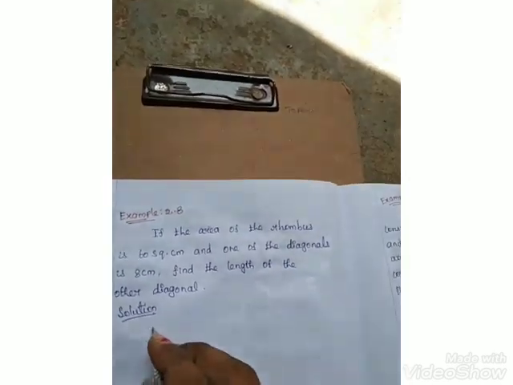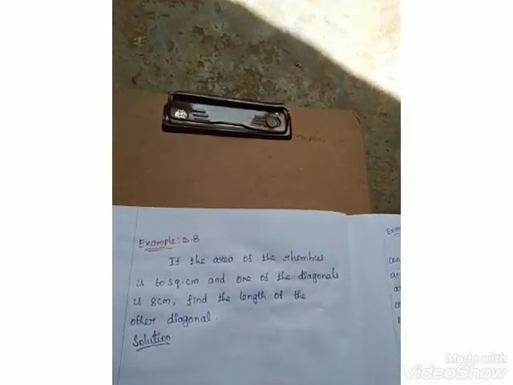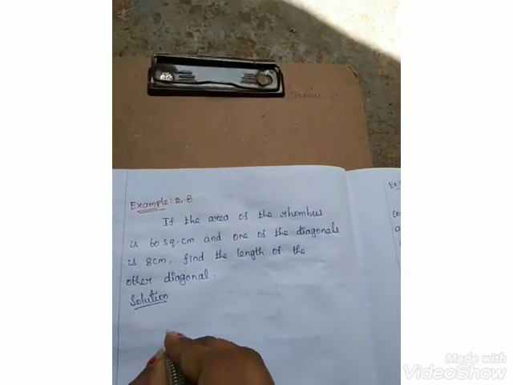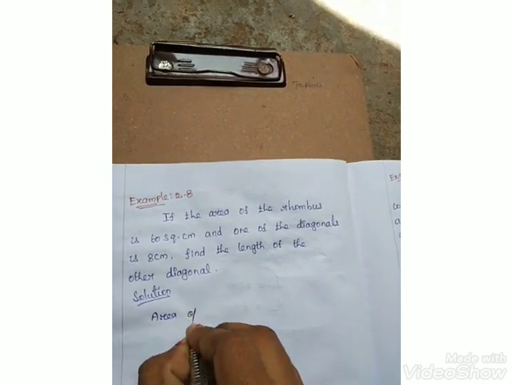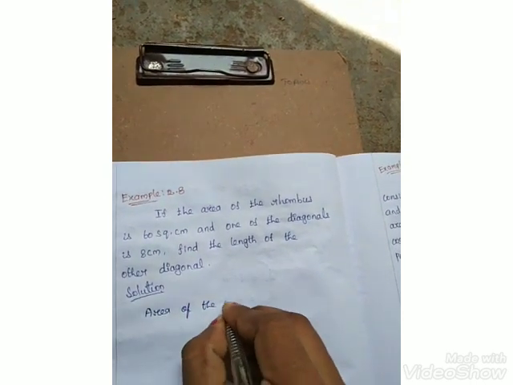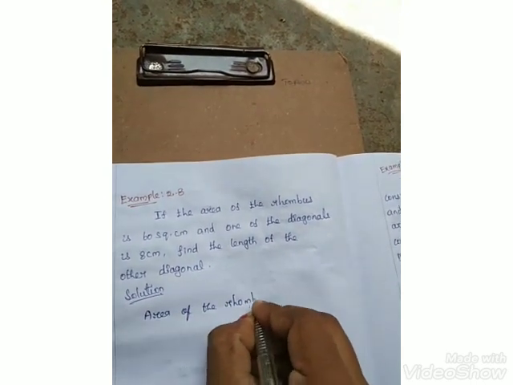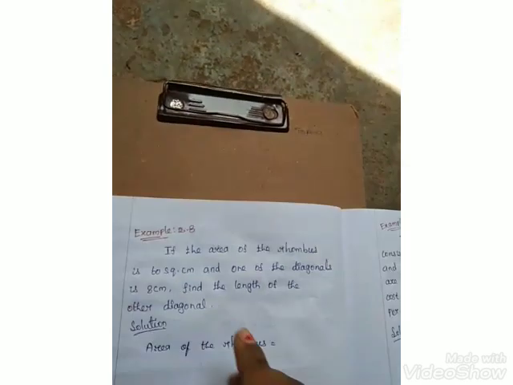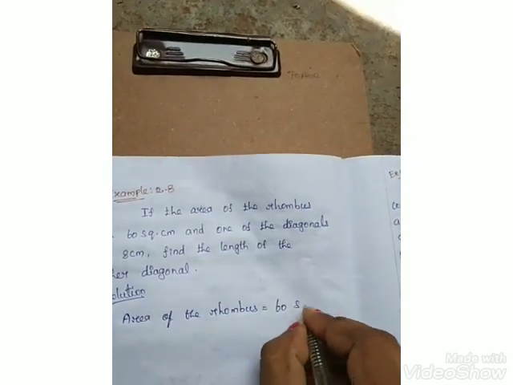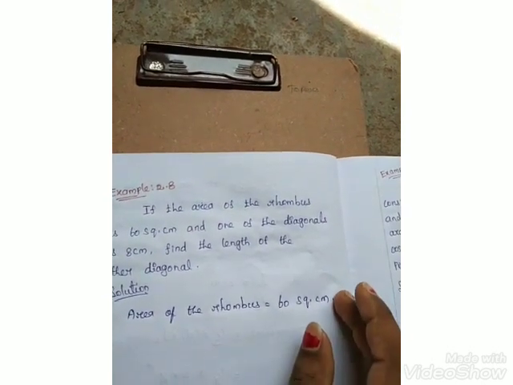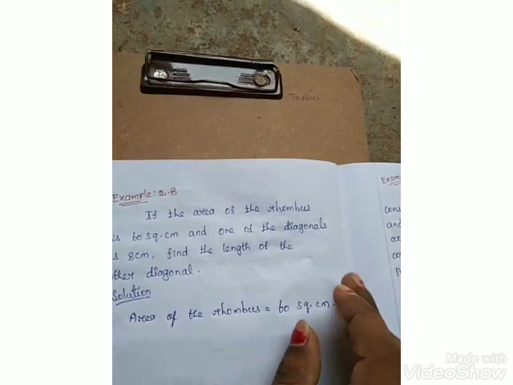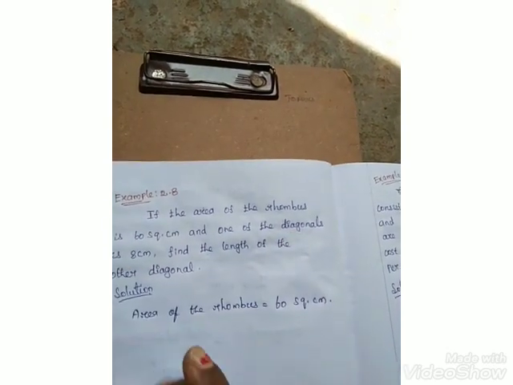So area of the rhombus is equal to 60 square centimeter and given that the length of one diagonal is 8 centimeter.